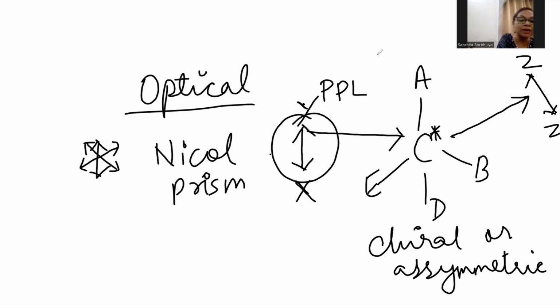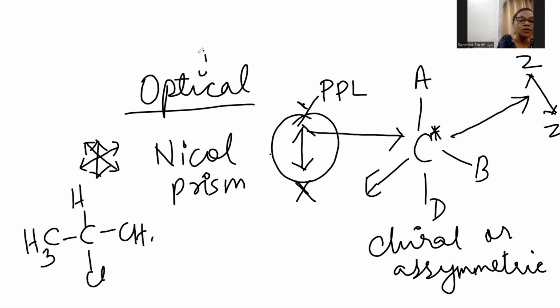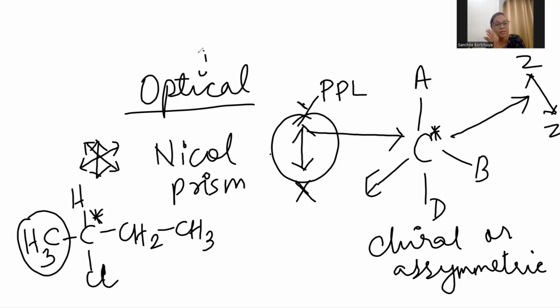I'll take a typical example: 2-chlorobutane. I have given you 4 carbons in this example, but the first carbon is not chiral, not asymmetric. It is achiral or symmetric. It contains 3 hydrogens. If you see the second carbon, I will put an asterisk so that it is distinguished from the other carbons, which are achiral.